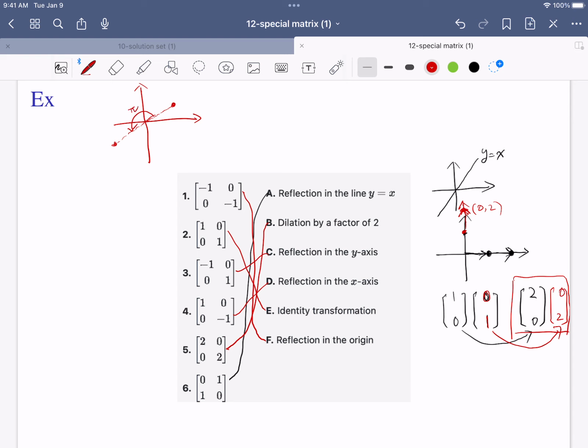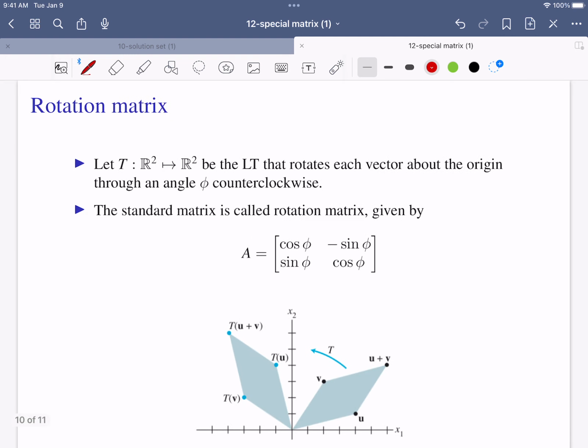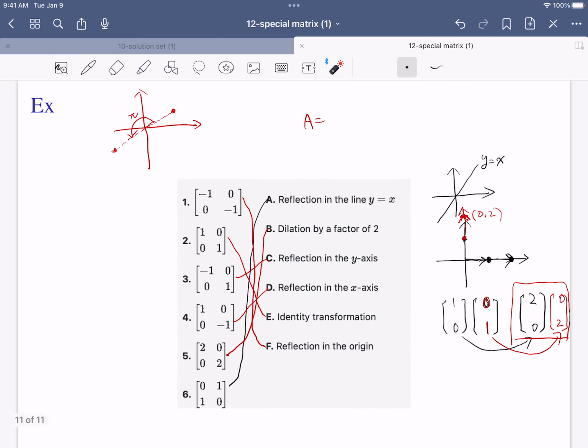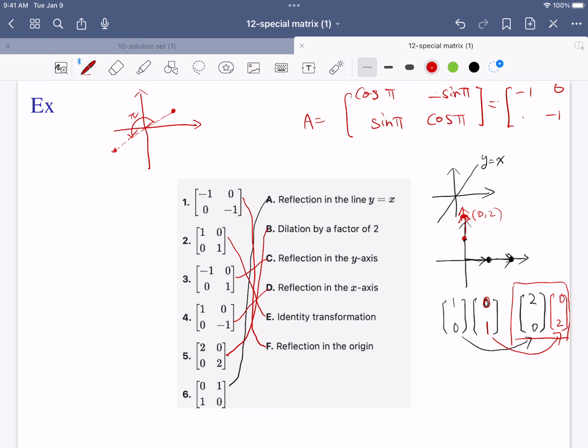We know the rotation matrix, but all those phis are pi. So this is cosine pi, negative sine pi, sine pi, cosine pi. And then we can directly get negative 1, 0, 0, negative 1. All right, we're going to stop here.